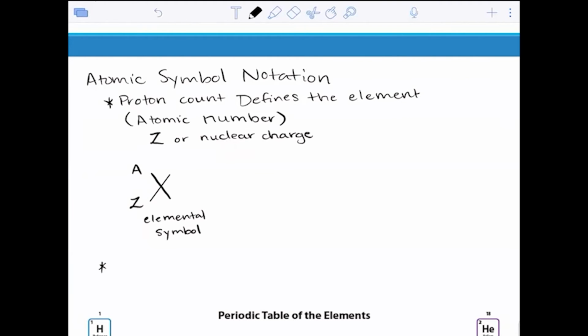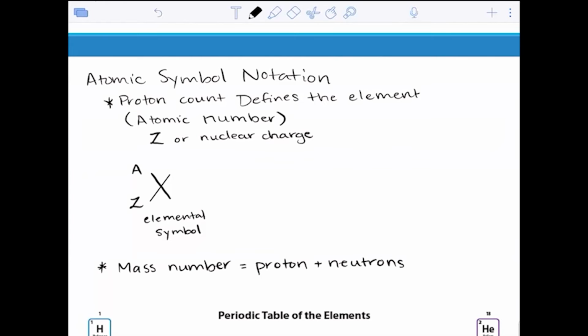Another definition we have here is the mass number, which is defined as the protons plus the neutrons. What is the mass of the atom that we are looking at?